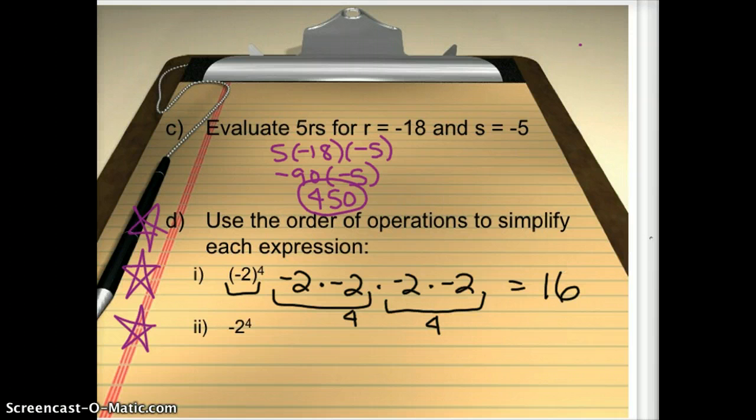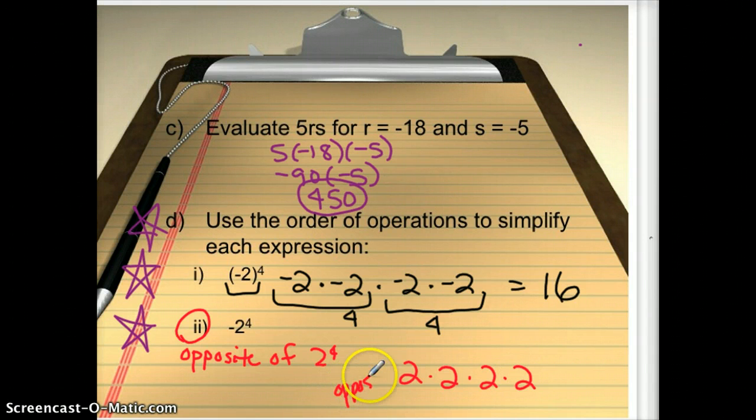When I look at the second problem, this means the opposite of 2 to the fourth. When the negative sign's not in parentheses, I'm only taking 2 to the fourth, and then I'm taking the opposite of that. So I'm doing 2 times 2 times 2 times 2, and I want the opposite of that, or the negative of it.